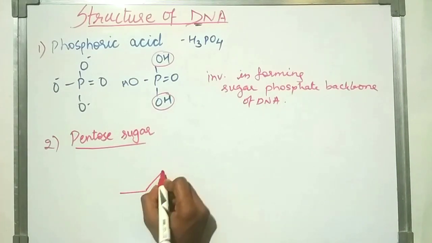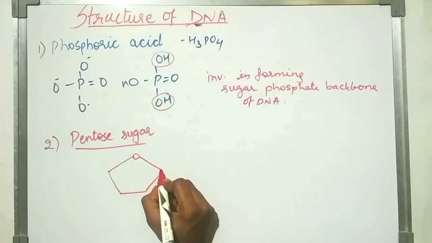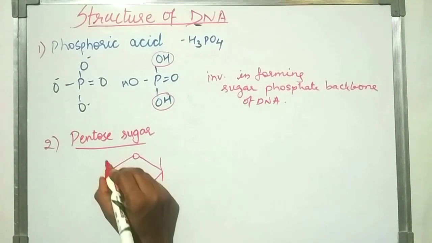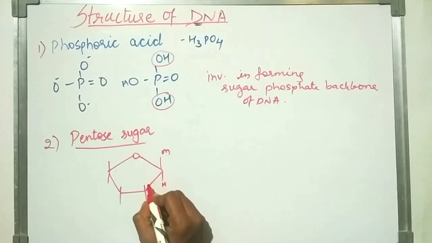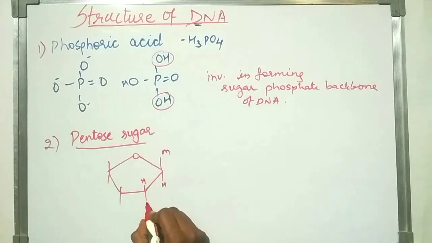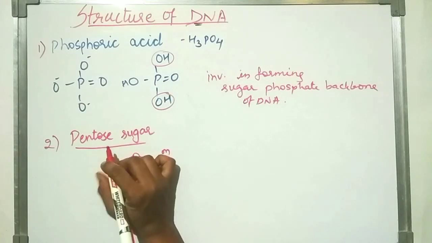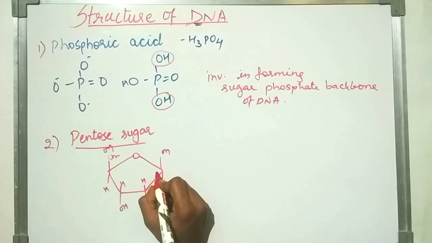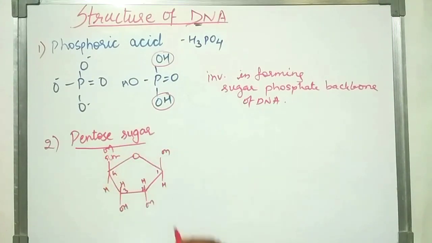Now I will draw the structure. This is a ribose sugar, you can say D-ribose, with HOH, OH, OH, H, CH2OH. The numbering will be 1, 2, 3, 4 and this is the fifth one.